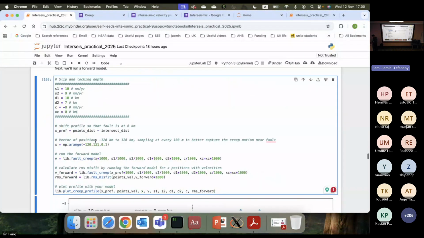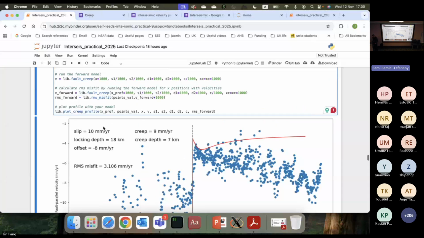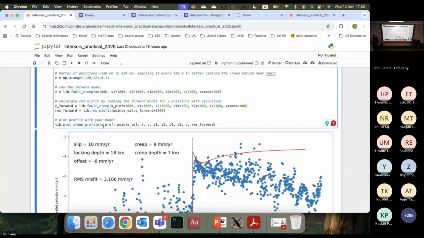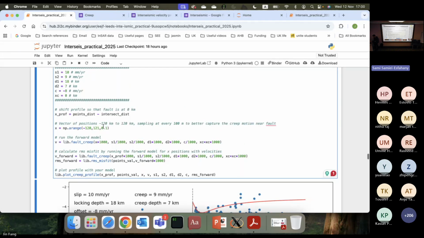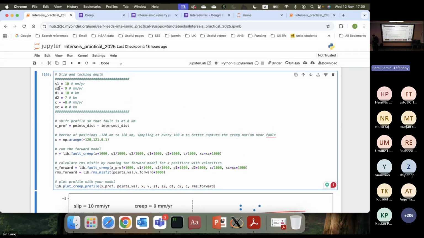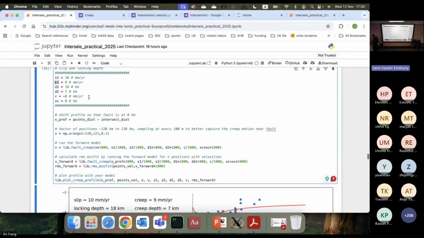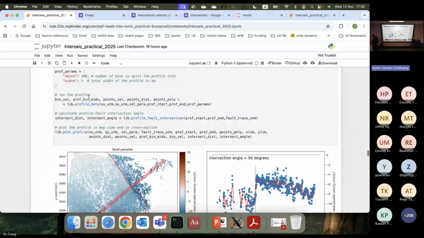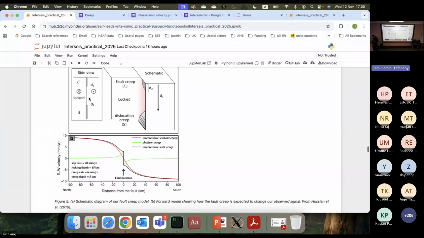So we've got three parameters here. Which one is the creep rate? C. S2 is slip rate, D2. D2, you can take a look at this figure here.